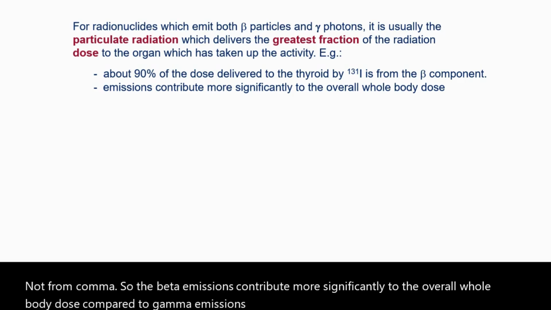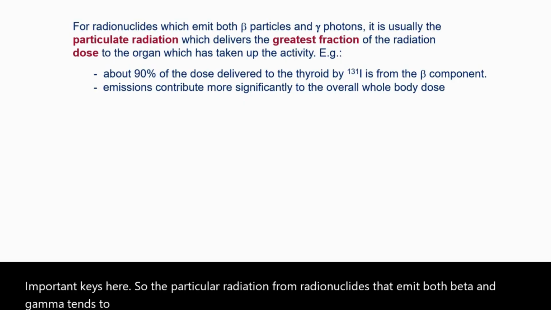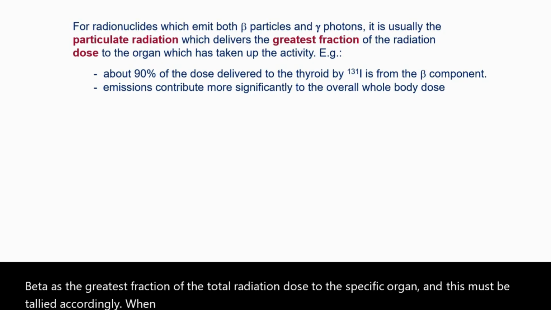So what are the important keys here? The particulate radiation from radionuclides that emit both beta and gamma tends to deliver beta as the greatest fraction of the total radiation dose to the specific organ, and this must be tallied accordingly when planning for the treatment of your particular subject or patient.